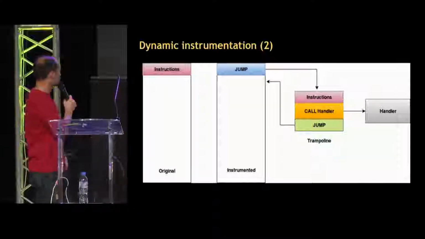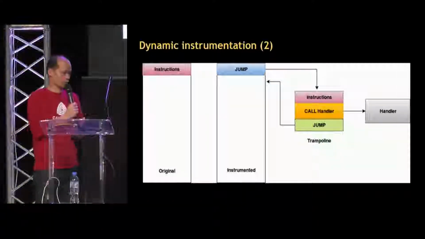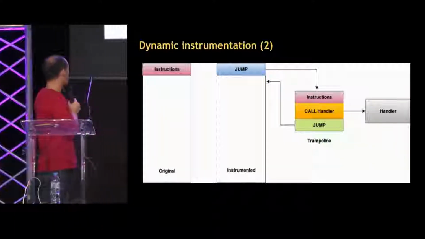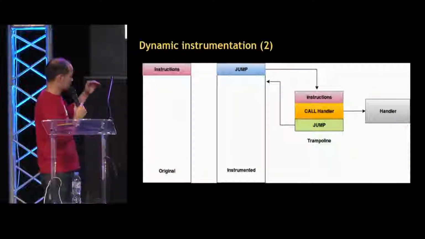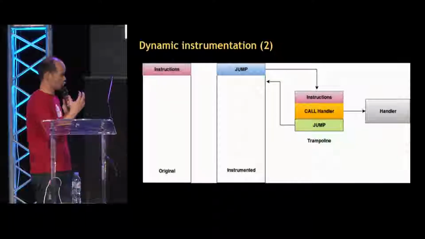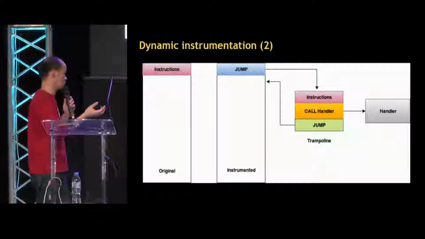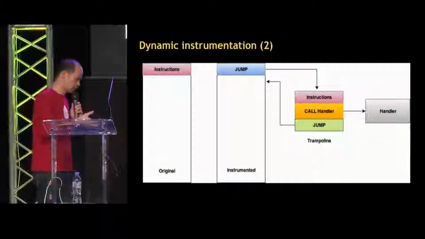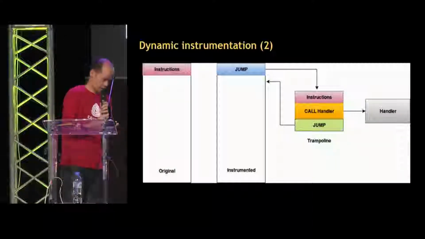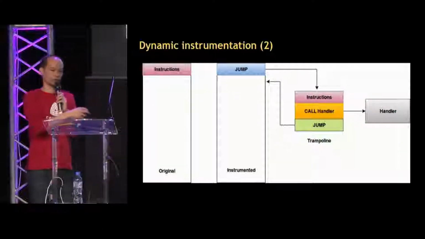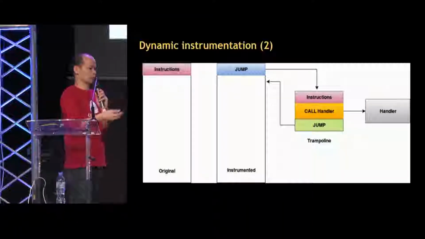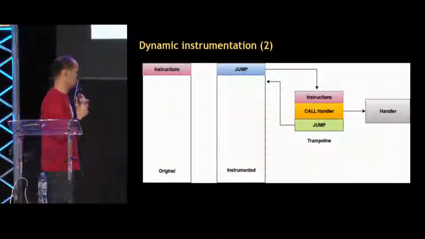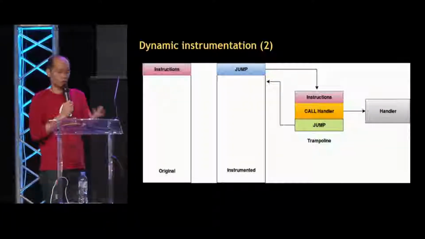To do that, we allocate one memory buffer and copy that instruction out to the buffer. Next to that instruction, we put one call instruction, which calls our handler. This handler in our fuzzer reports back to the fuzzer, informing it that we have reached here, so the fuzzer knows what's going on.